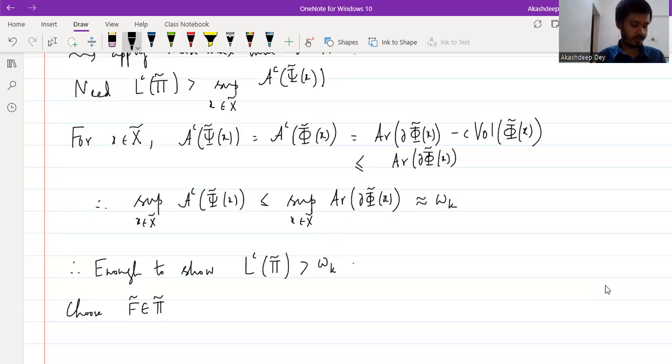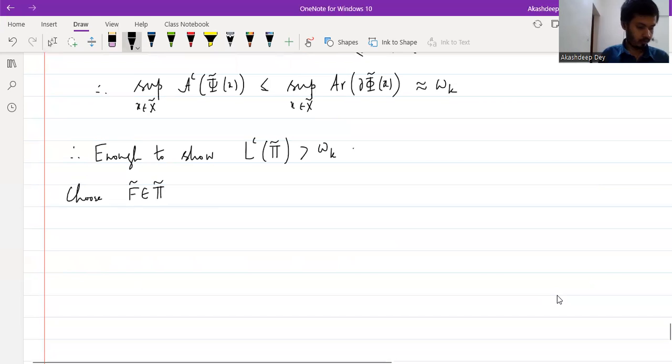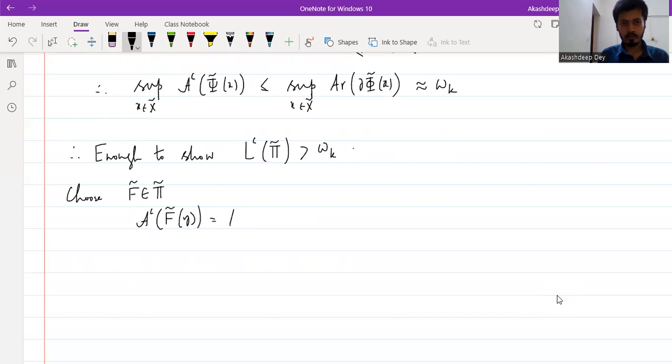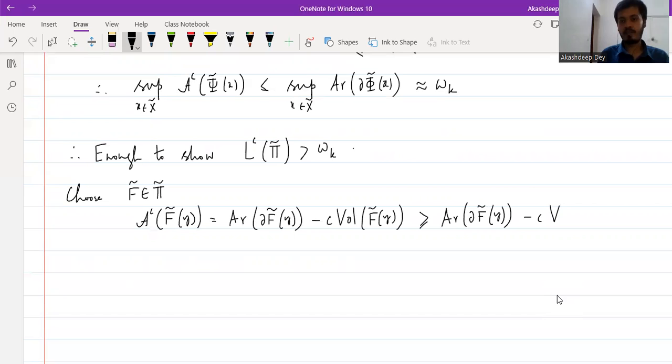Choose any f tilde and pi tilde, and then we note that A^C(f tilde y) is equal to area of boundary f tilde y minus C times volume of f tilde y, and this is greater than or equal to area of boundary f tilde y minus C times volume of M.